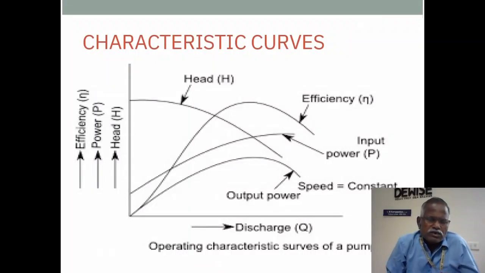The students are interested in how the curves are drawn and what the importance of the curves is. You have to repeatedly draw the curves. From the examination point of view, the characteristic curve of a centrifugal pump may be asked. X-axis is discharge Q, flow rate.